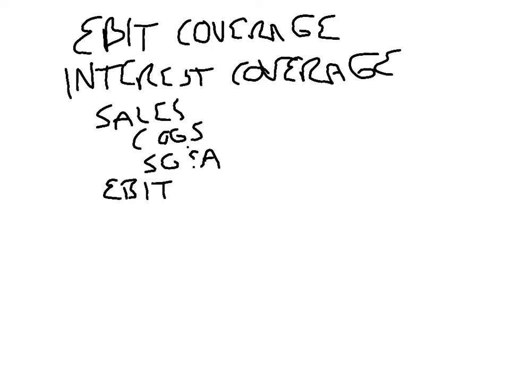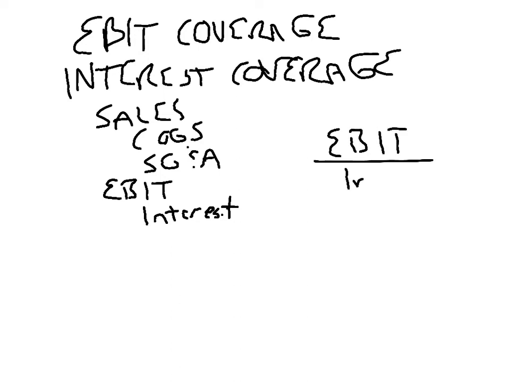This is our operational income. And then we subtract our interest. That's the I in that formula, interest. And so what the EBIT coverage is saying, let's take that EBIT and divide it by our interest. So that's why I call it EBIT coverage, but I guess it's really interest coverage because you're covering interest.